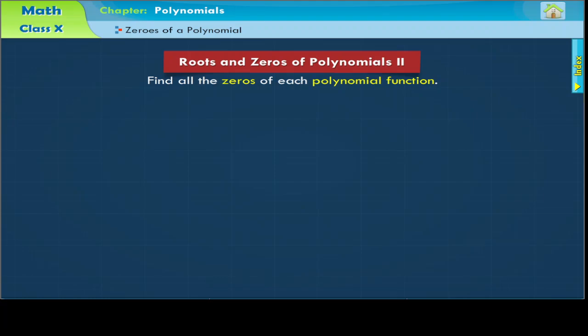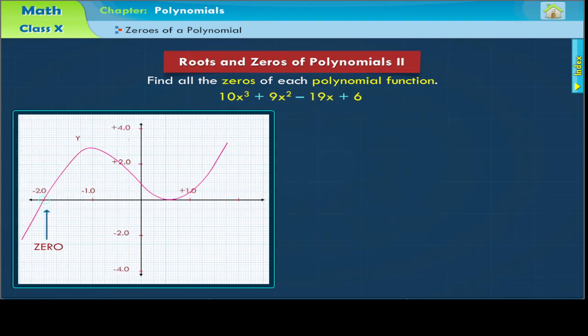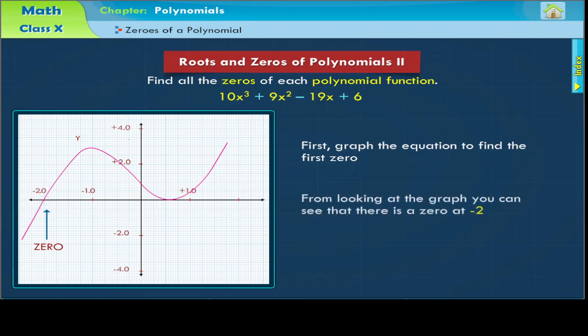Find all the zeros of each polynomial function. Let's observe the following. First, graph the equation to find the first zero. From looking at the graph, you can see that there is a zero at -2.